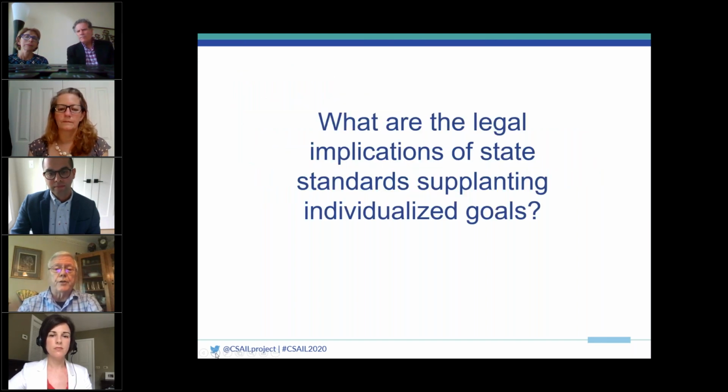The first question I want to address real briefly is, what are the legal implications of the state standards supplanting individualized goals?